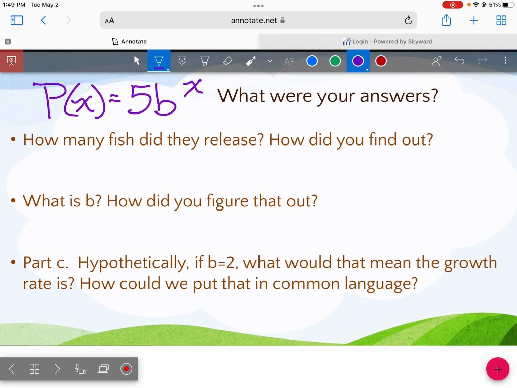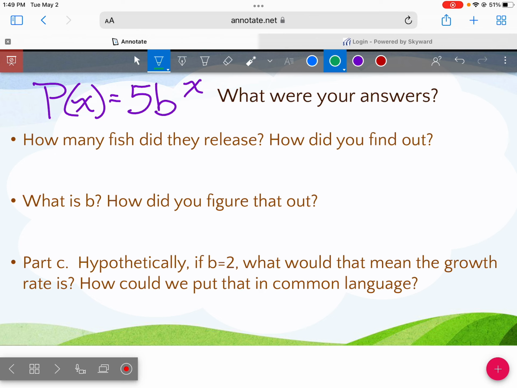Letter A says, how many fish did they release? Does anybody got an answer for that? I don't like how they said they. Maybe it's the word they that's throwing you off. How many fish did he release?